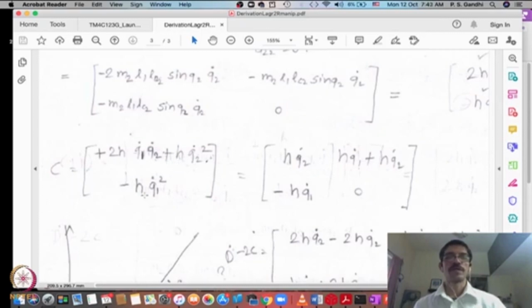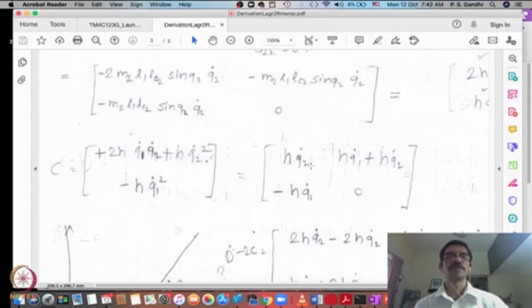Similarly you can express the H Q1 dot square term, H Q1 dot here, and nothing here, so there is no Q2 dot term appearing there. This is one possibility of arrangement.